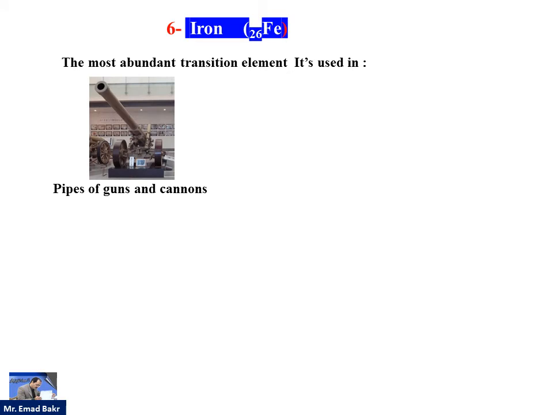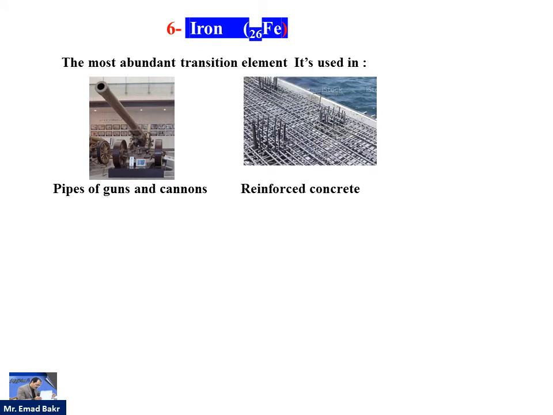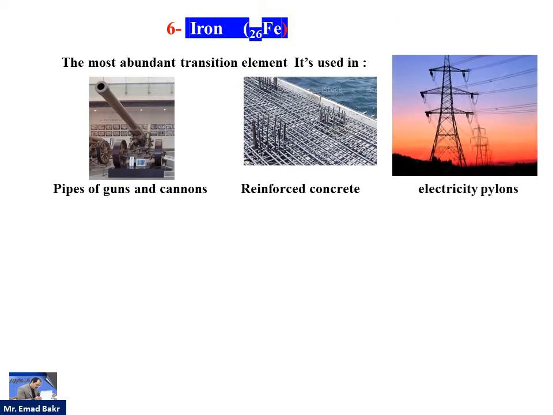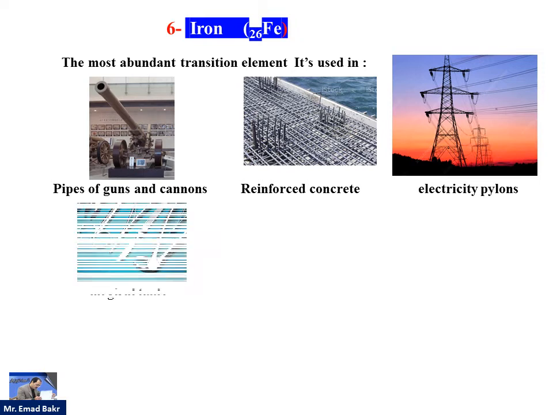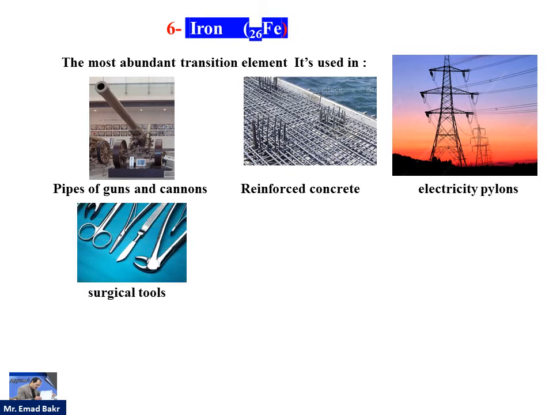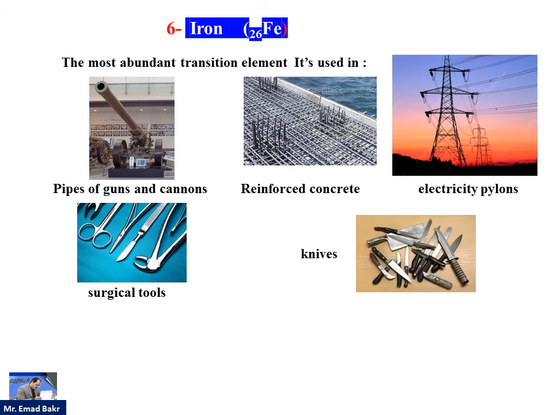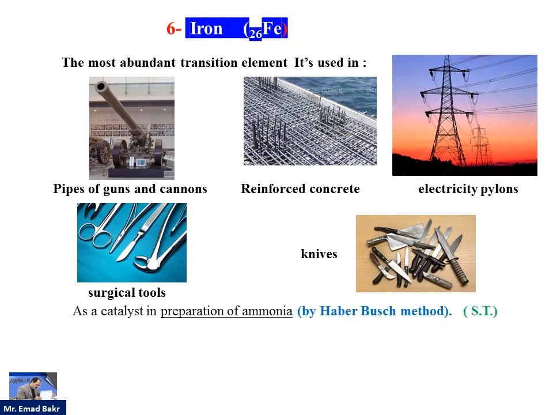It's used in pipes of guns and cannons, in reinforced concrete, of course, in electricity pylons, as you see in the figure, surgical tools, knives, and other industries, as a catalyst in preparation of ammonia by the Haber-Bosch method.